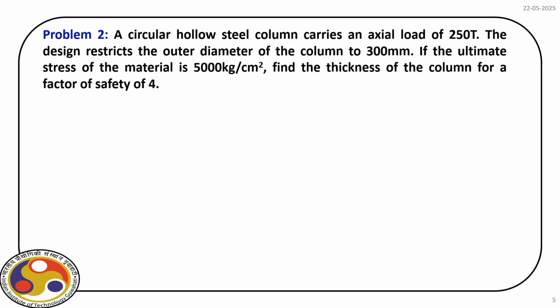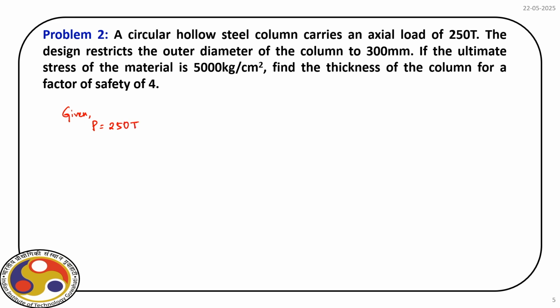Now, let us take a different problem, problem 2, where we will design the cross section. So, problem 2 says that we have a circular hollow steel column which is carrying an axial load of 250 ton. So, given P is 250 ton.